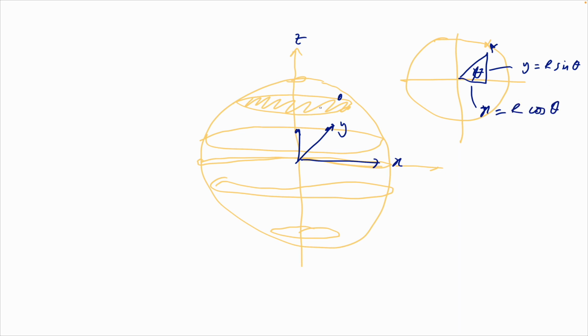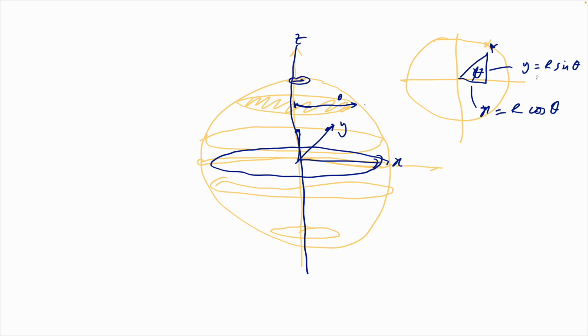So that will give us part of the answer in terms of x and y if we're taking horizontal slices. But what is r? It's the distance from this polar axis out. Now you can see that near the top that radius is going to be small, and here along the equator is going to be the biggest, so that's not constant.